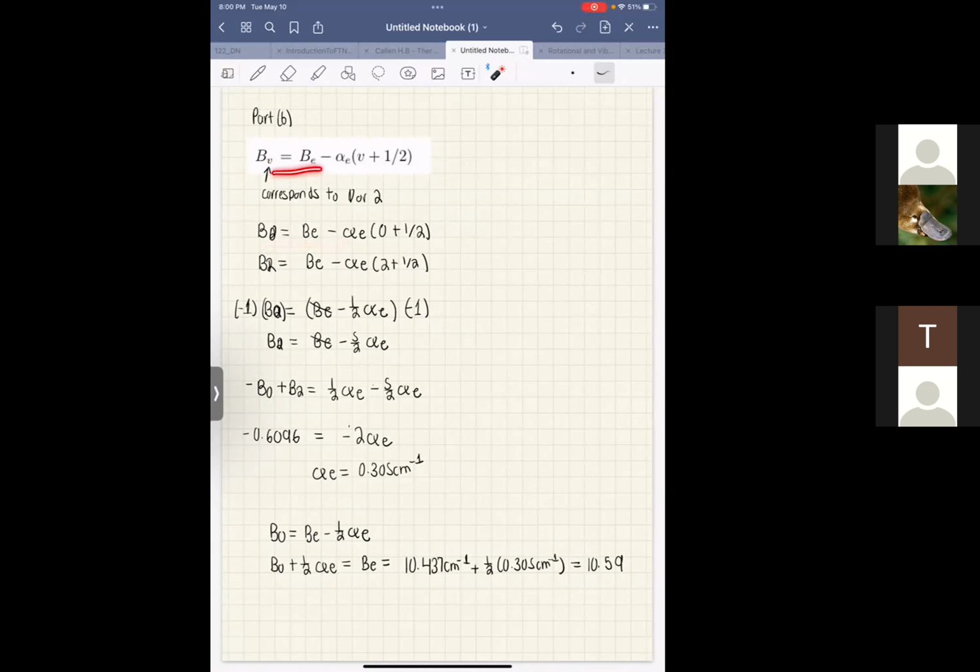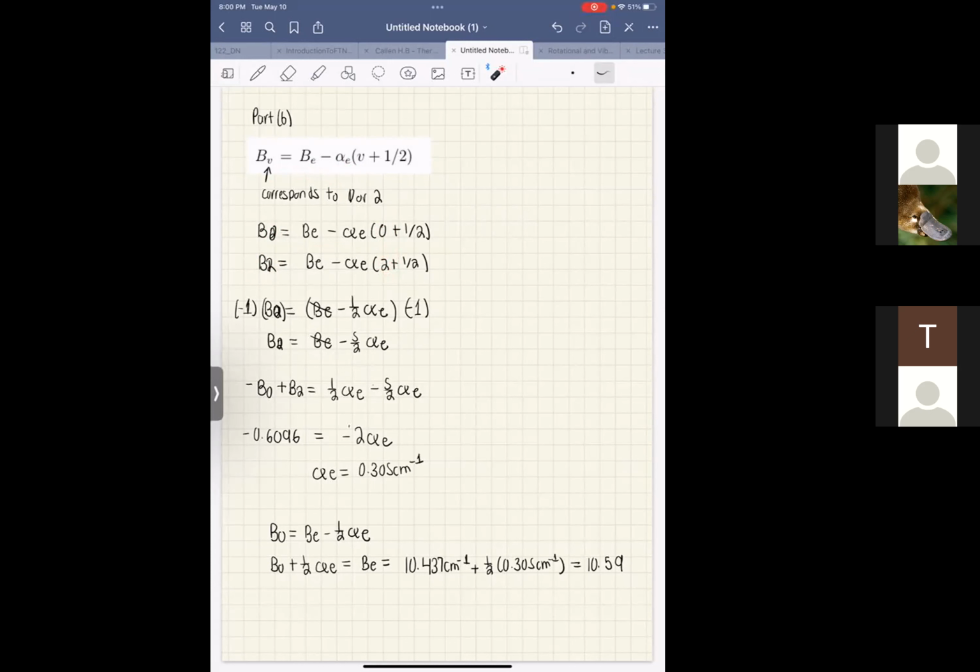We can use this equation, and so we try to find B of 0 and B of 2. So we just plug in V of 0 to find B of 0, and we plug in V of 2 to find B of 2. Now, this is great, but we have two constants, and we also have two equations here.